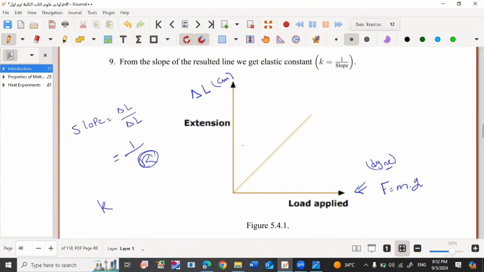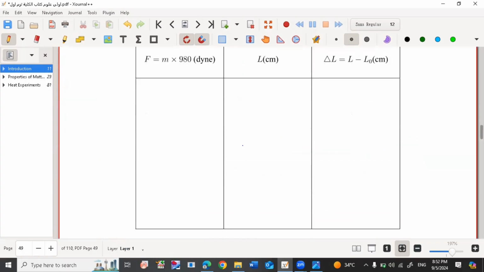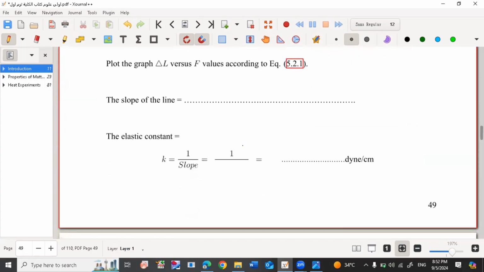So K, which is the elasticity constant, our experiment objective, means 1 over slope, and its value is determined in dyne over centimeter. Like here, K equals 1 over slope, and it equals 5 per centimeter.